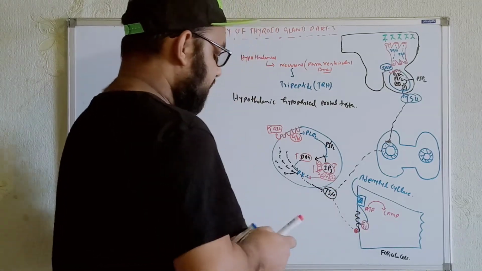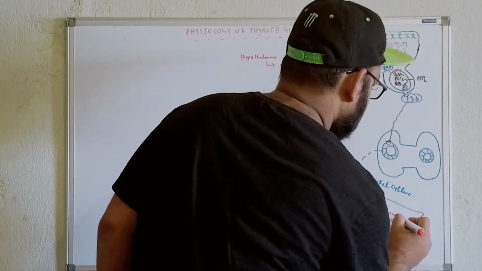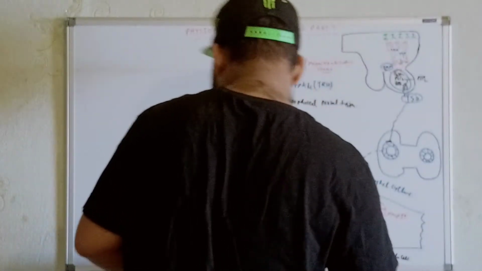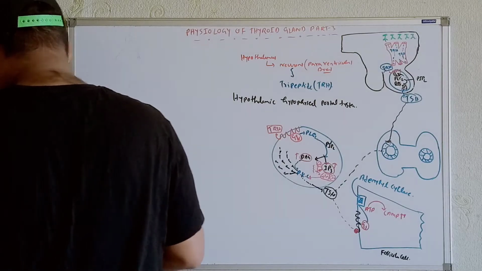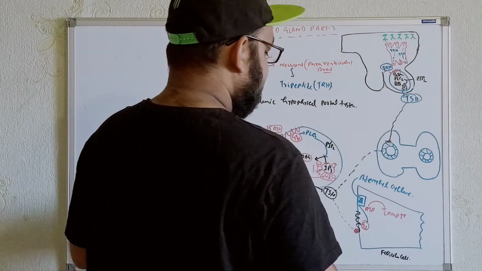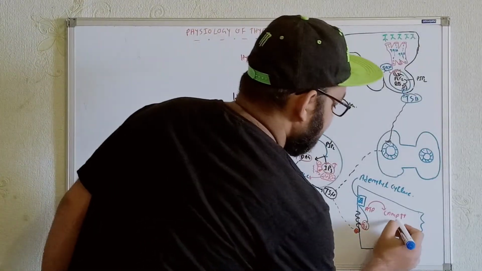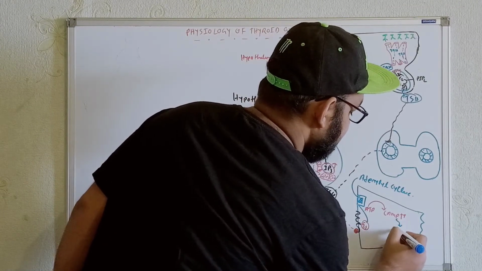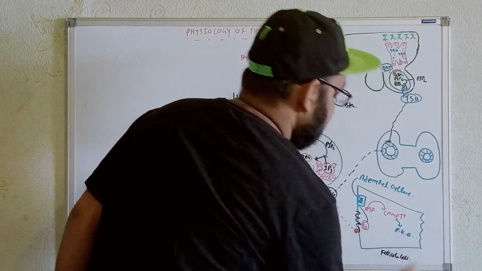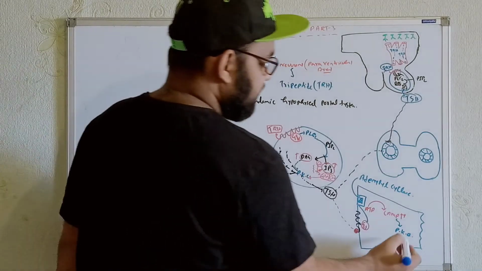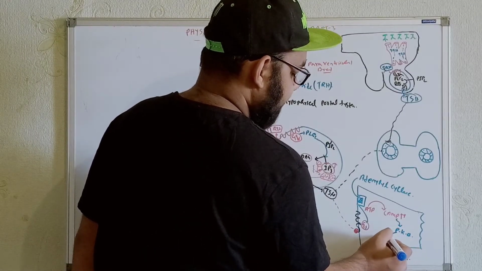As a result, the concentration of the cyclic AMP within the cell will get more. Now, the cyclic AMP will activate another enzyme that is known as protein kinase A. This protein kinase A, through multiple signal pathways, will do many things.